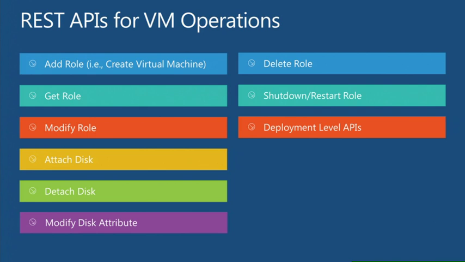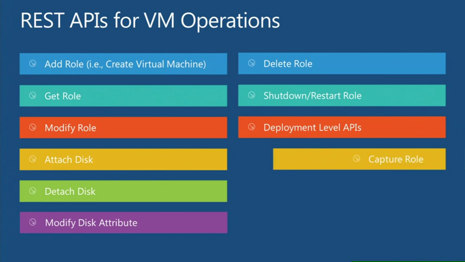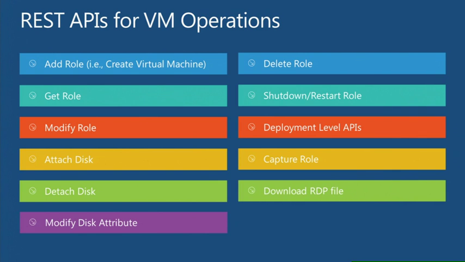You can shut down and stop a virtual machine, and also capture the VM over the REST, and download the RDP file if you want to connect. If you want to troubleshoot a particular VM, you can download the RDP file and give it to one of your colleagues for debugging or diagnosing. Those scenarios are fully supported as well.